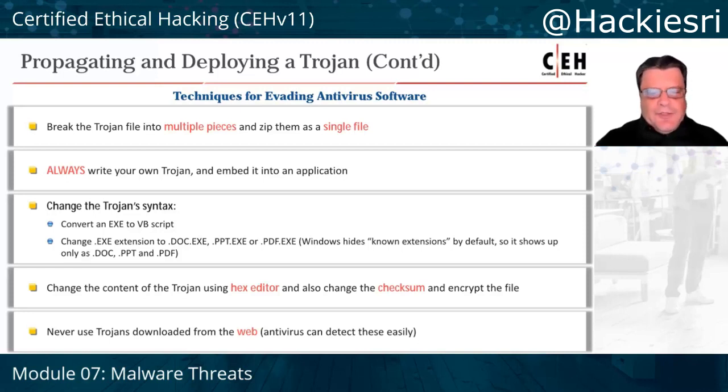Change the content of the Trojan using hex editor and also change the checksum and encrypt the file. And never use Trojans downloaded from the web. Antivirus can detect these easily. So once again, you typically want to customize and custom create your Trojan and fine tune it to be as effective as possible without being detected.